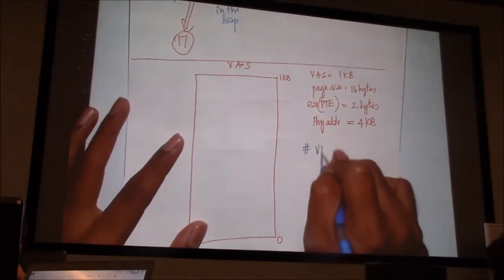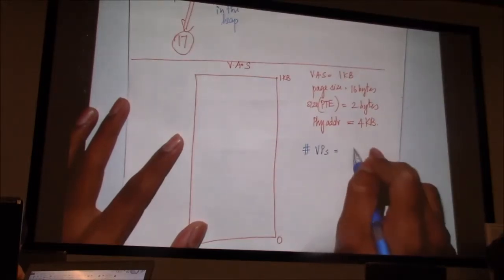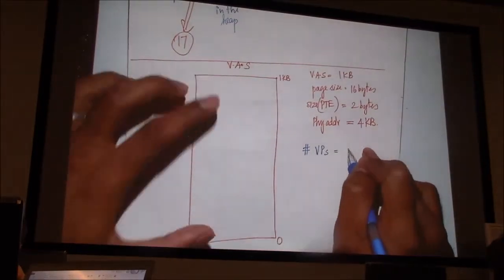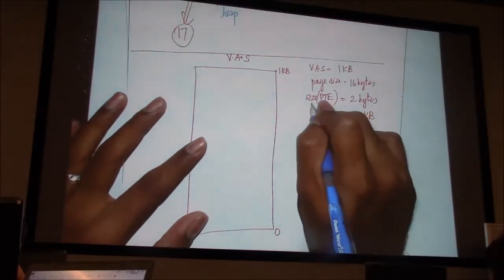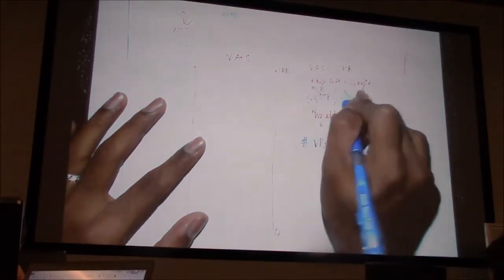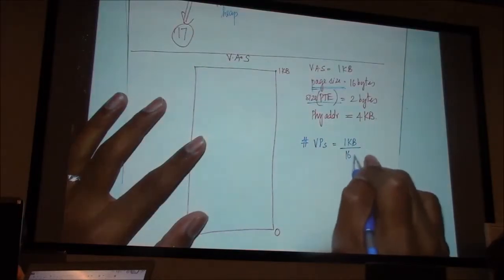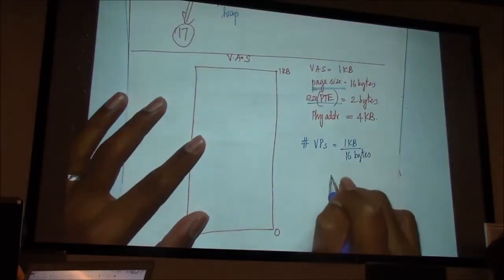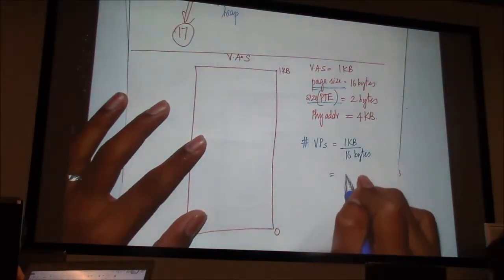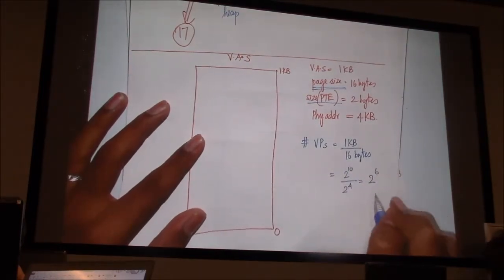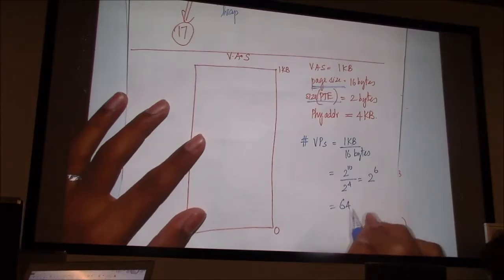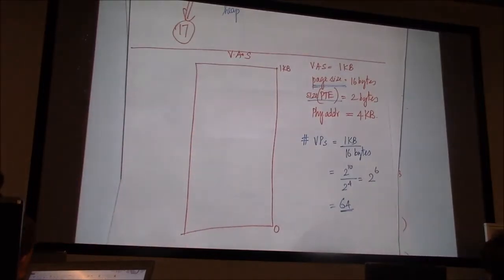The number of virtual pages is nothing but the total size, 1 KB, divided by the page size, which is 16 bytes. So the number of virtual pages is 2 to the power of 10 divided by 2 to the power of 4, which is 2 to the power of 6, or 64. Yeah, 64 virtual pages is what we have here.